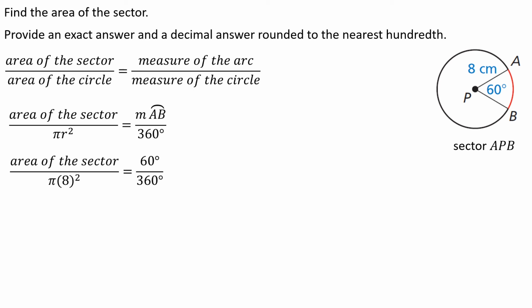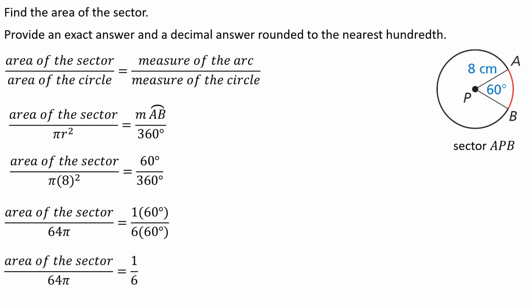The measure of arc AB, for this question, that's 60 degrees. So we can do some simplifying here. 8 times 8 makes 64. Reduce the fraction and the degrees cancel out.